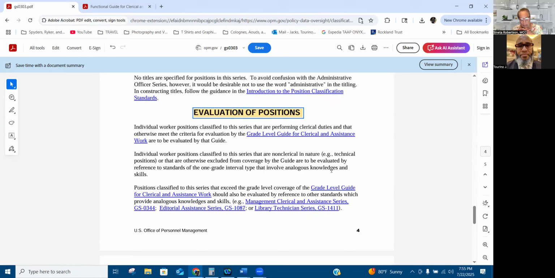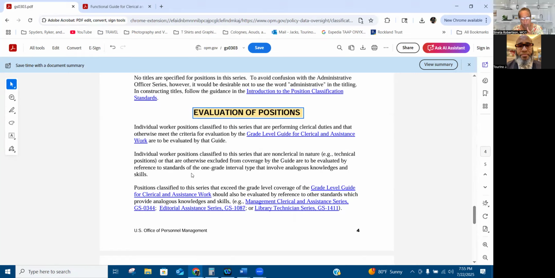You remember the PACTO categories? Professional, administrative, technical, clerical, and other. We know that professional and administrative are two grade interval positions. Technical and clerical are one grade interval positions.